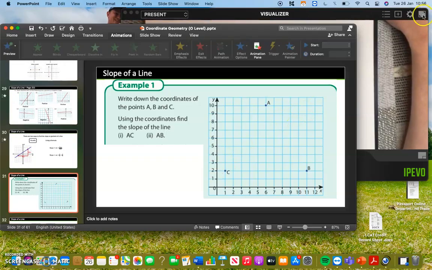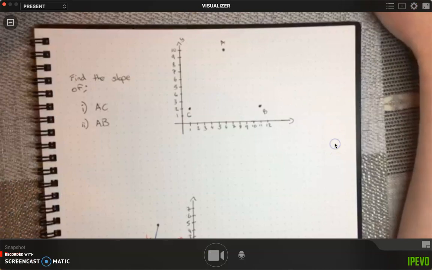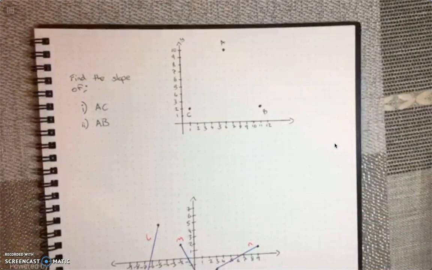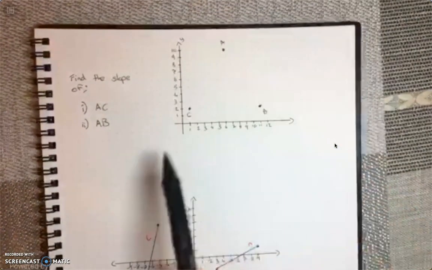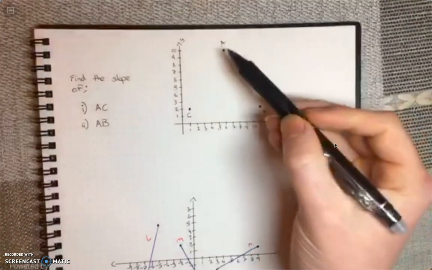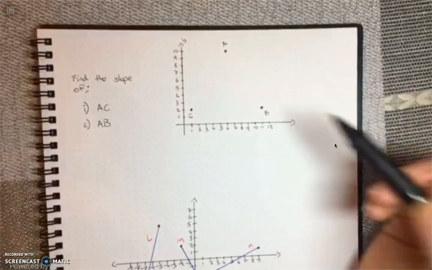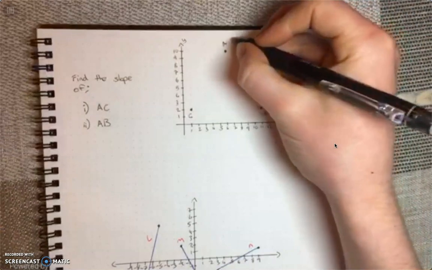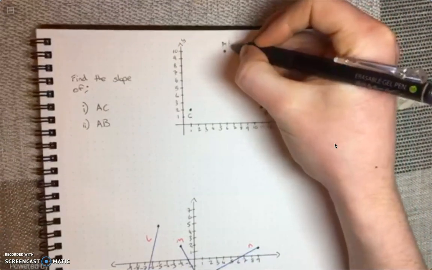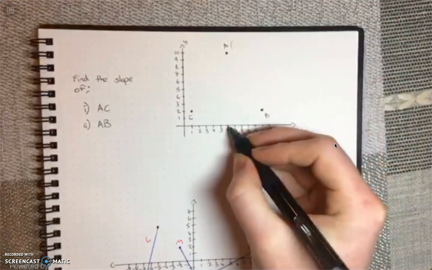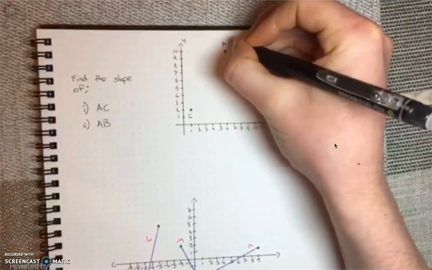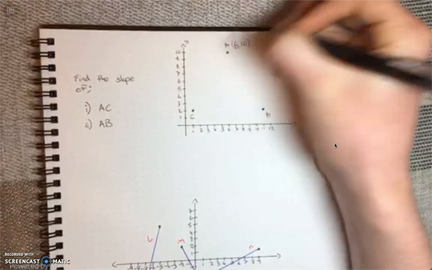Let me get into my visualizer. So this is kind of what you have. We're told the points A, C, and B. It's not necessary, but I'm just going to write these points. A is the point where I go across to 6 and up to 10, so 6, 10.